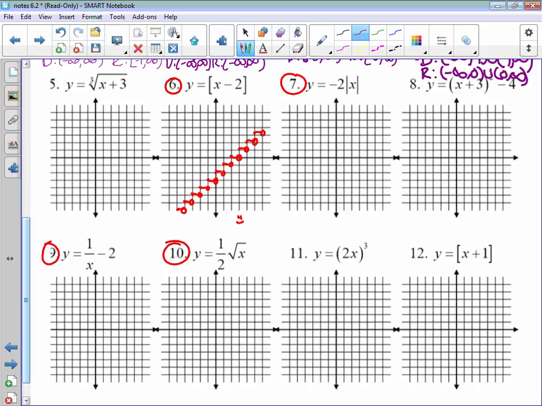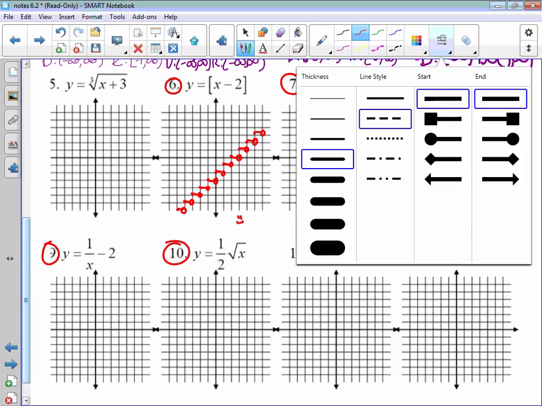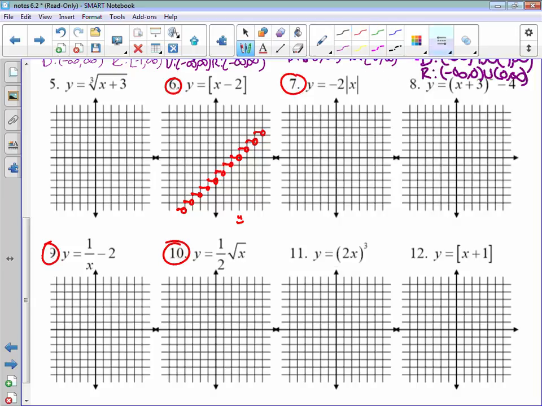Domain and range is going to be a little interesting on this one. What do you think the domain is? It's everything, because none of your x values actually get skipped. It covers every x value. So it is negative infinity to infinity.